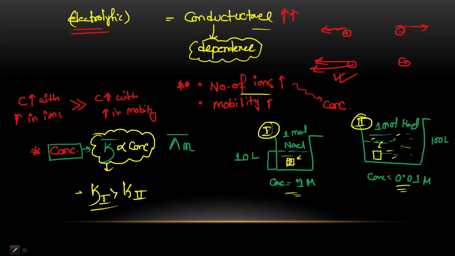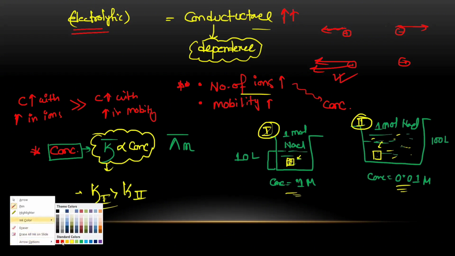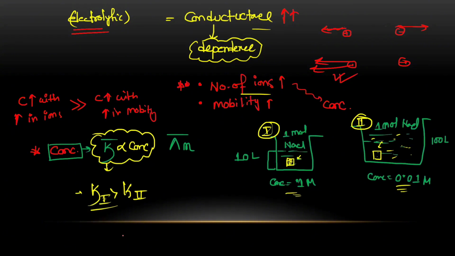Now lambda m. What will happen when there is a dilute solution? When there is a dilute solution, cation and anion are not close. But in the concentrated solution, cation and anion are close.